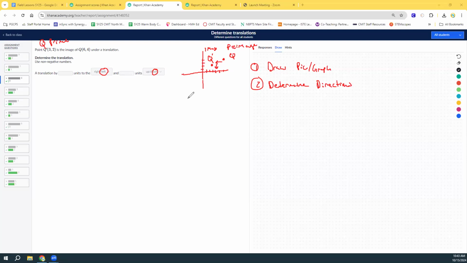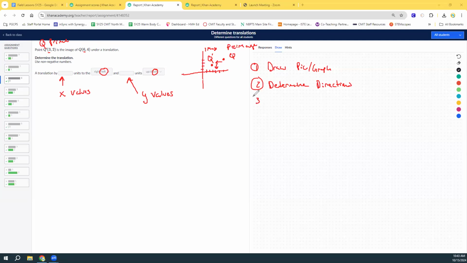So now we take the x values for the left-right one. We're going to use the x values. And here we're going to use the y values. So I take my x values, 6 and 3. And this is the before, that's the after. Oh, but I do end minus start.